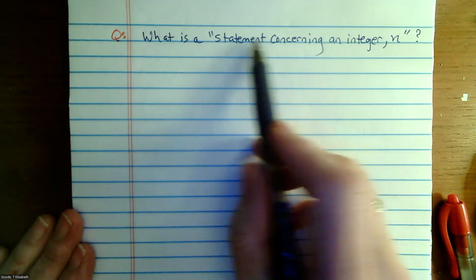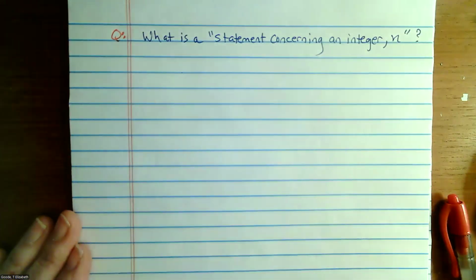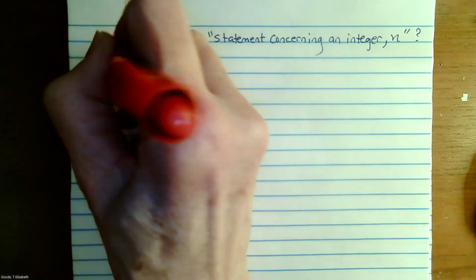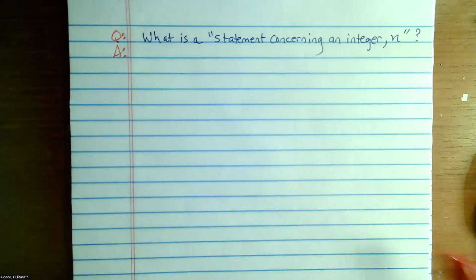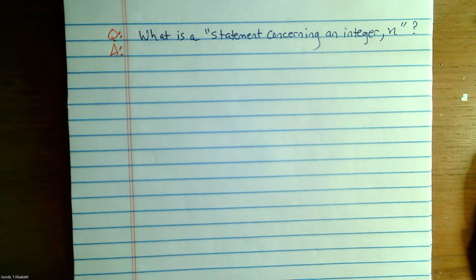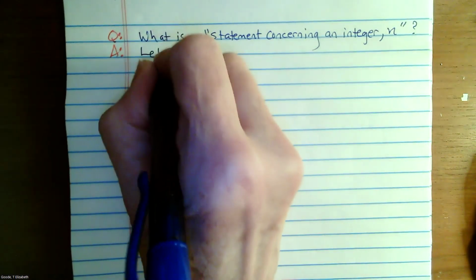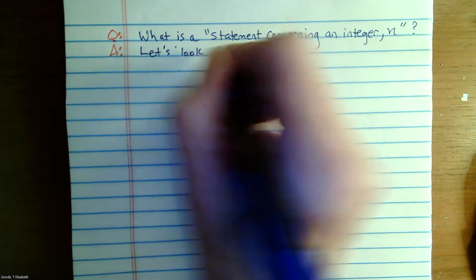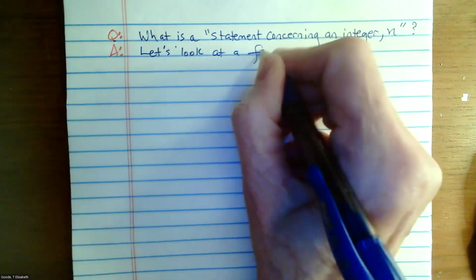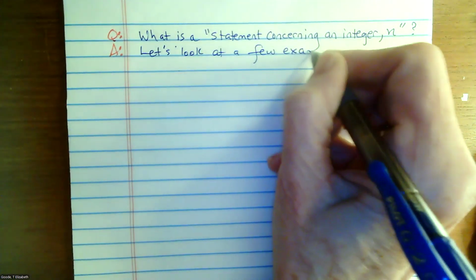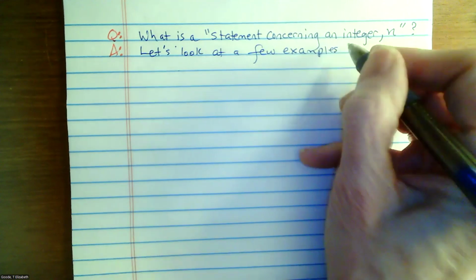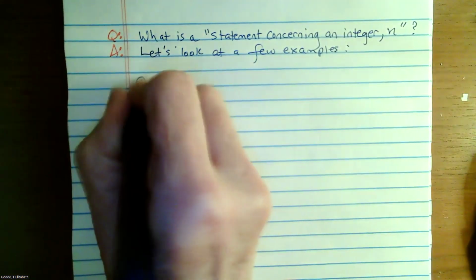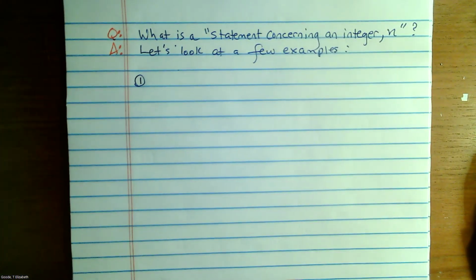Well, same here. What is a statement concerning an integer n? To answer that, I'd like to look at a few examples of statements concerning an integer n that you're going to find familiar. Or at least they'll seem reasonable, one hopes. Okay, example 1.